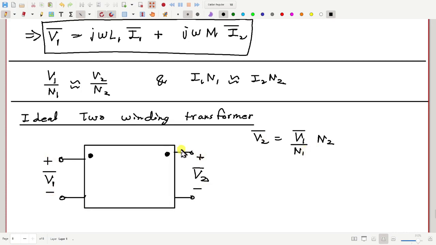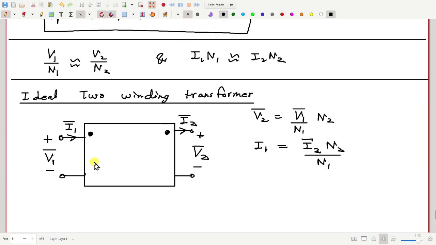And also, if there is some current I2 flowing here, we will also have a current I1 flowing here, such that I1 will be equal to I2 N2 by N1, and if I2 is going out from the dot, then I1 will be going into the dot.